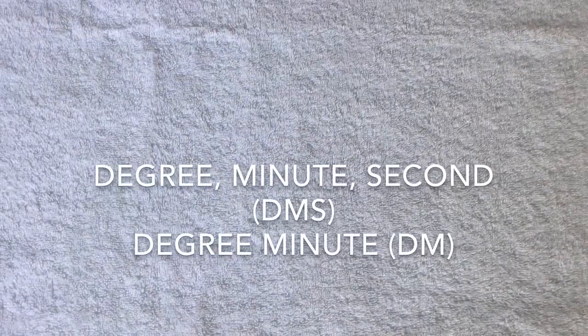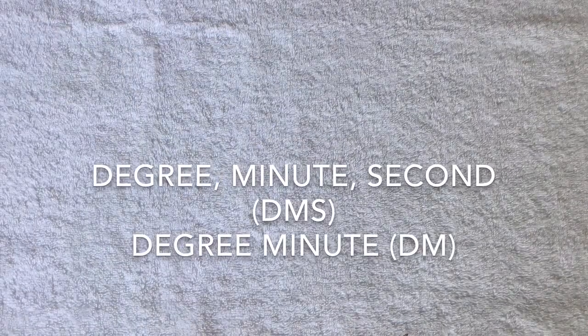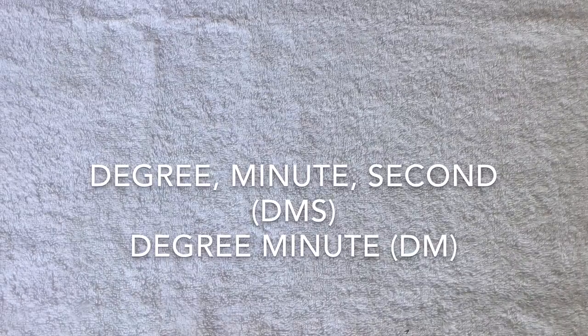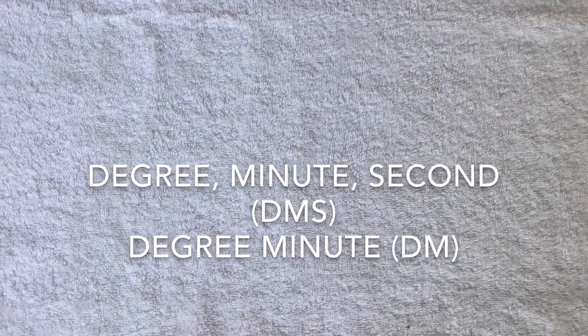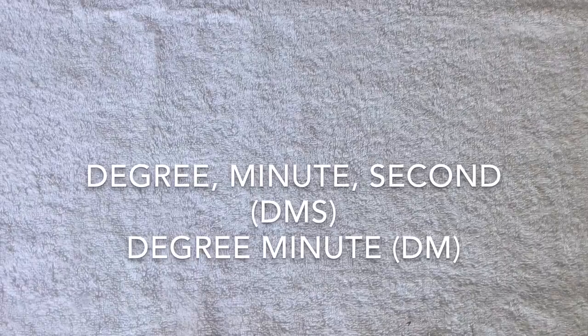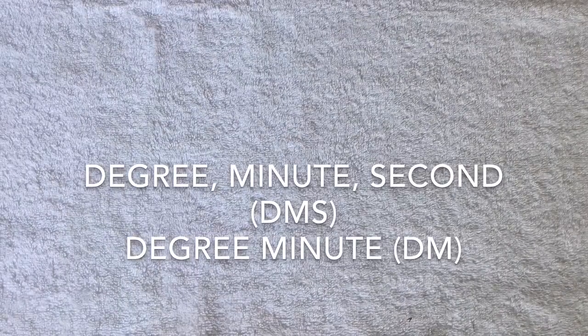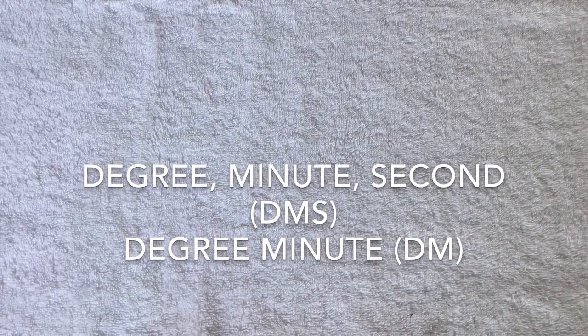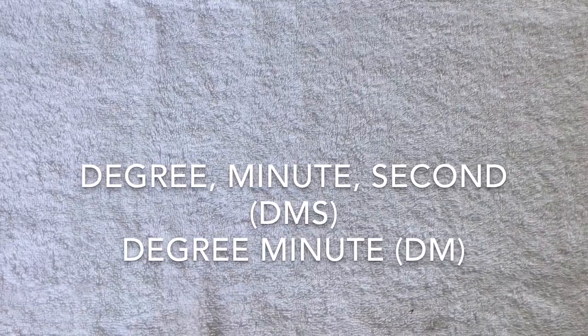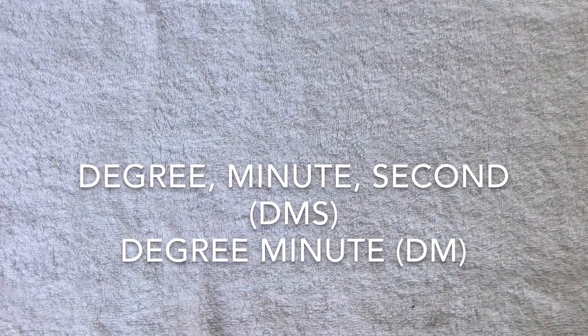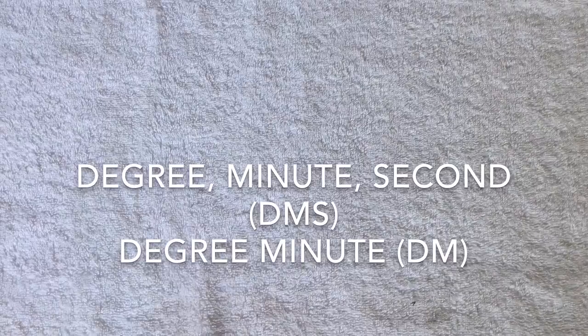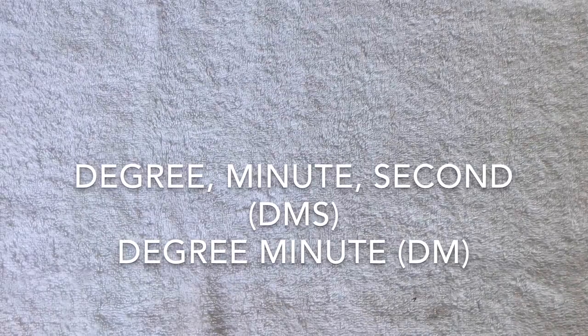The same information can also be presented using the degree minute second, or DMS format, and the degree minute, or DM format. These latter two formats seem to be more popular with geocachers who search for thumb-sized objects hidden in very small nooks and crannies.